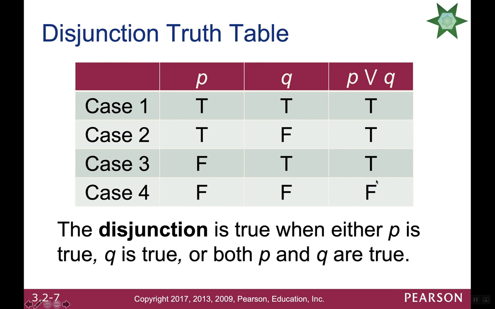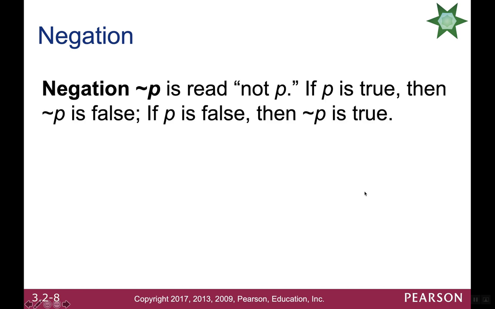So the pattern to keep in mind is that in cases 1, 2, and 3, where both are true or one or the other is true, the disjunction is true, but in the case where both are false, then the whole thing is false. All right, so now, negation.